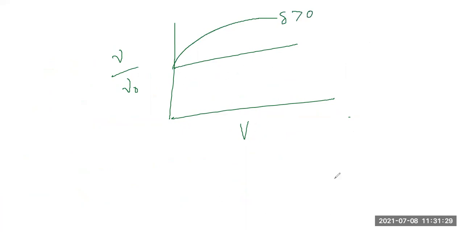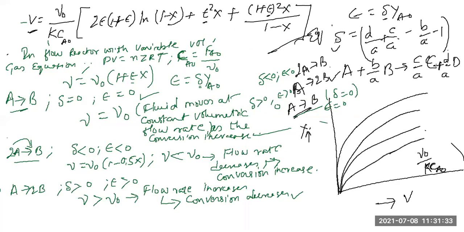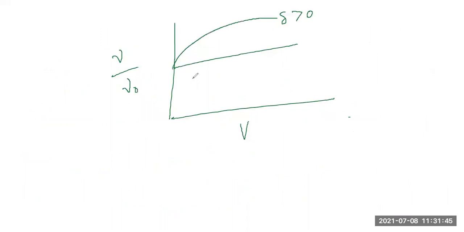Because when delta was greater than 0, nu, that is the volumetric flow rate, was higher. It was increasing, right? So you can see it's on the increasing side.